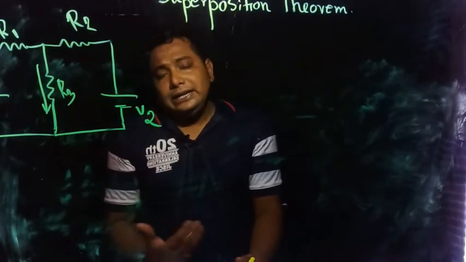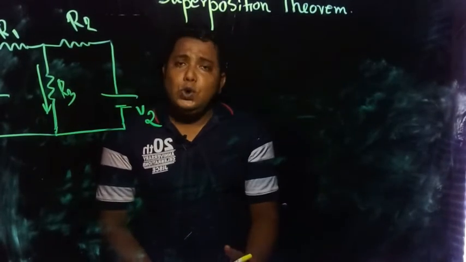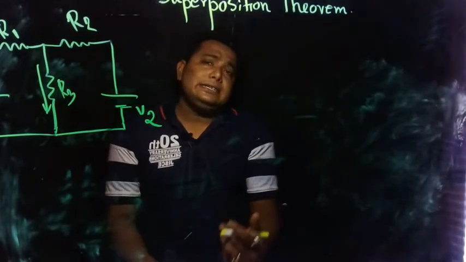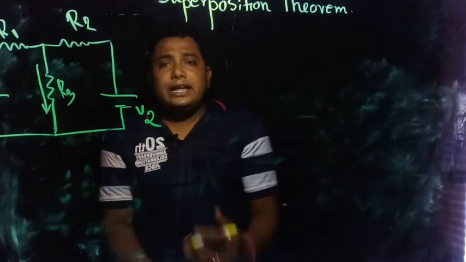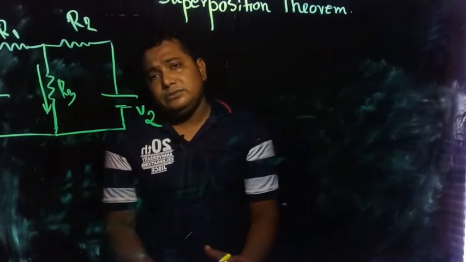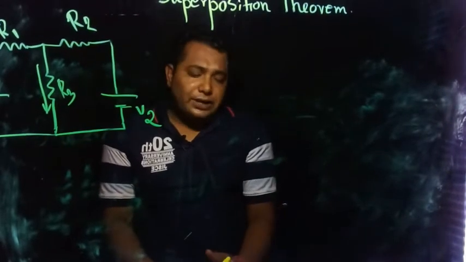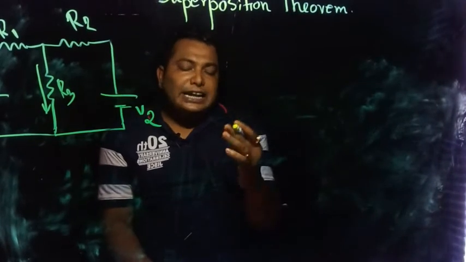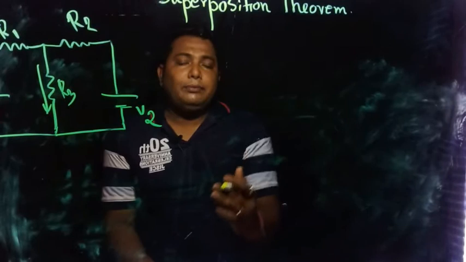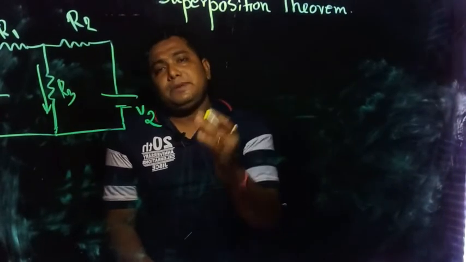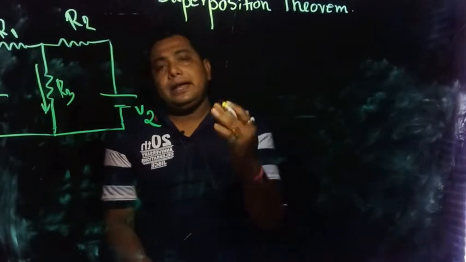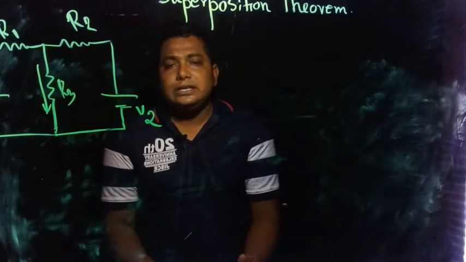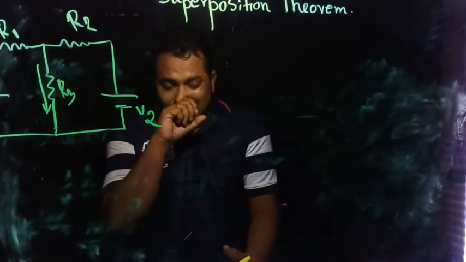When a circuit contains two or more sources, as per the superposition theorem, we consider a single source at a time, and for that source find out the branch currents and branch voltages. In this way, consider a single source at a time, find the individual current for each source, and at the end add or subtract the currents as per their direction. If the current directions are the same, they will be additive. If the individual current directions are opposite to each other, then they will be subtractive. So in this way we can solve this theorem.